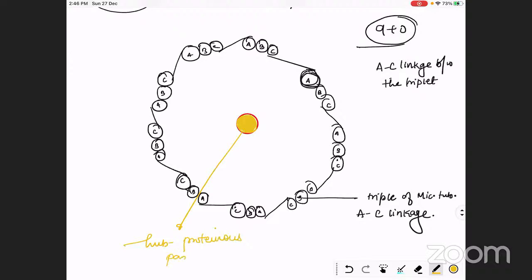The proteinous part is connected to the peripheral tubules by radial spokes. Okay, so they are connected by the radial spokes. This is the radial spokes.